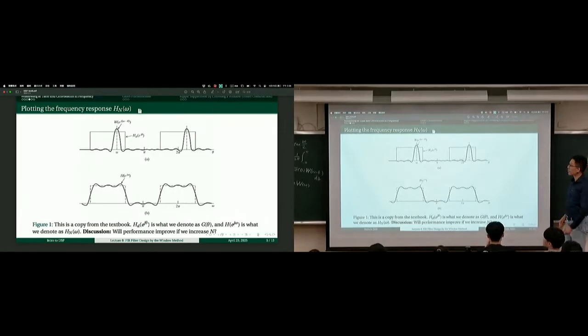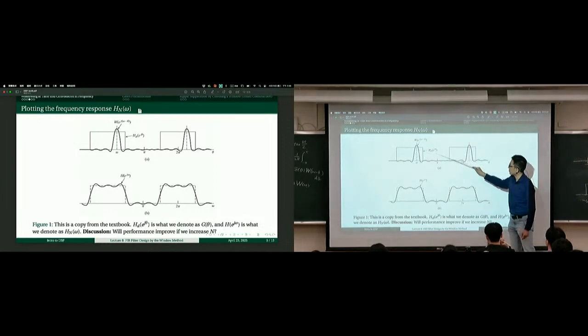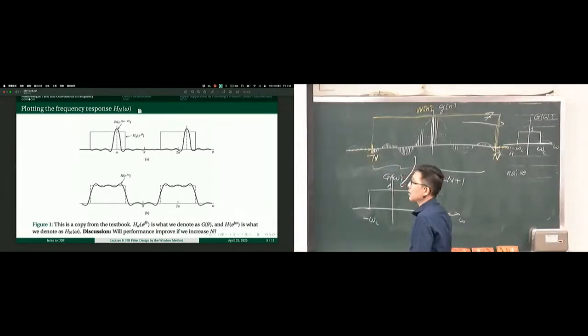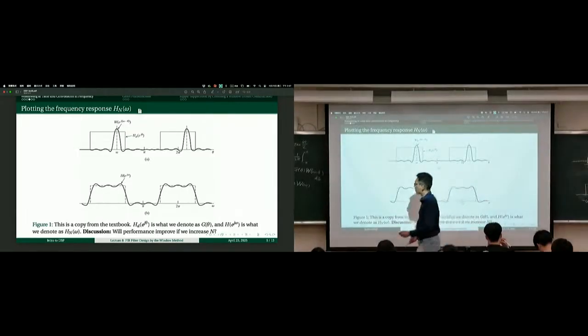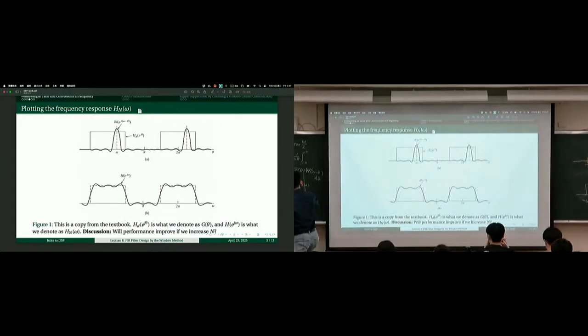So now I invite you to imagine together. Can you imagine what's going on when we circularly convolve W and G? This is my G. What will happen? Basically, we're going to calculate an integral. What is the meaning of an integral?